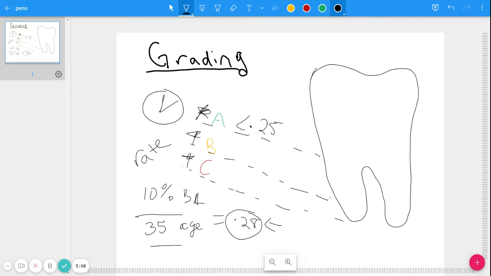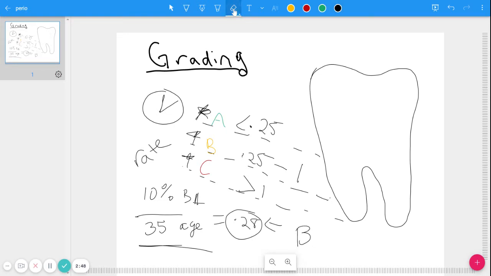If this number calculation is between 0.25 to 1, then it's grade B. And if it's greater than 1, it would be grade C. So in our example with this patient, it would be considered a grade B.